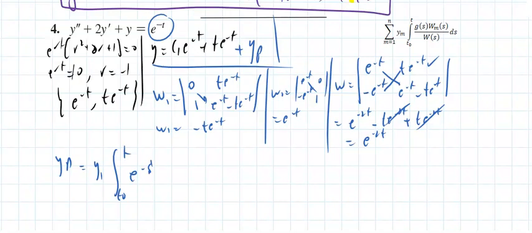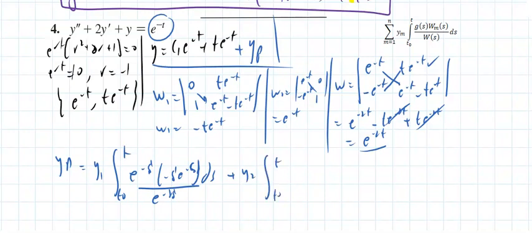W sub 1 is negative s e to the negative s ds divided by the Wronskian evaluated at s, negative 2s, plus y sub 2 times the integral from t naught to t. Actually, you know how it goes.